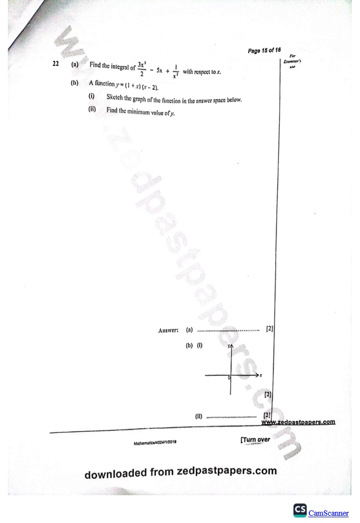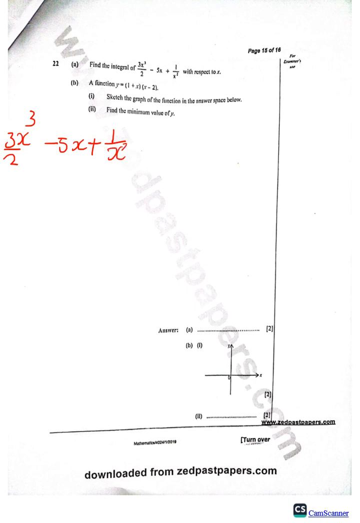So the problem here is 3x to the power 3 over 2 minus 5x. Now, whenever you are integrating or differentiating, if the variable is on the denominator, it must be written as its negative index.